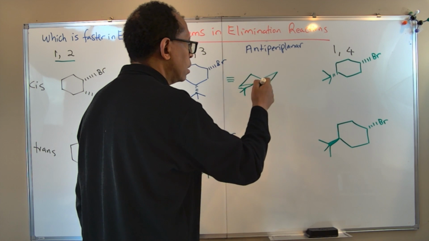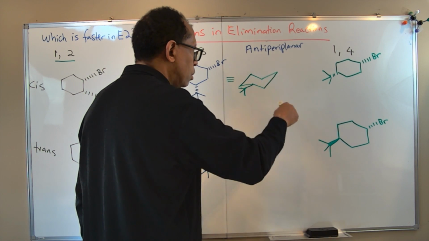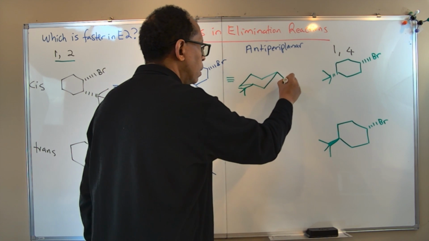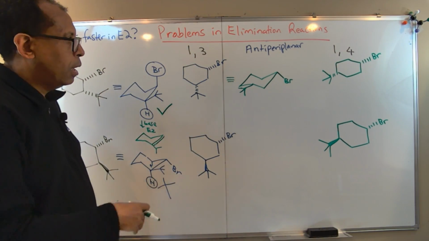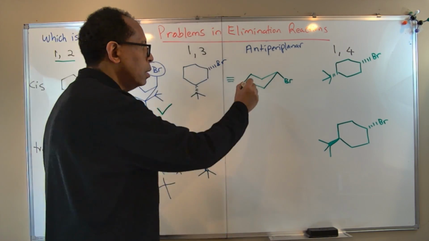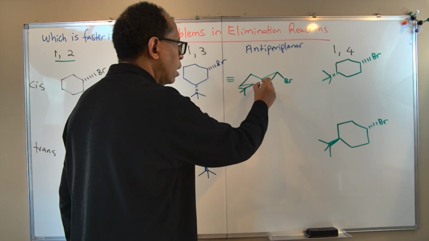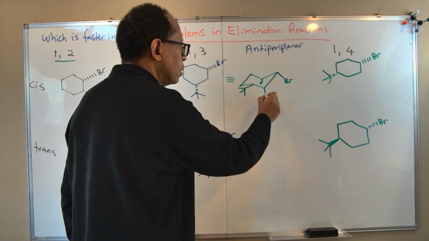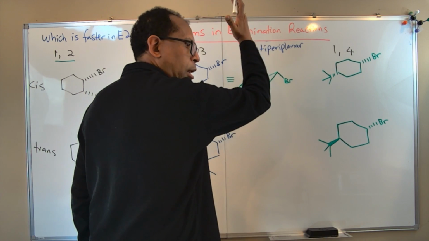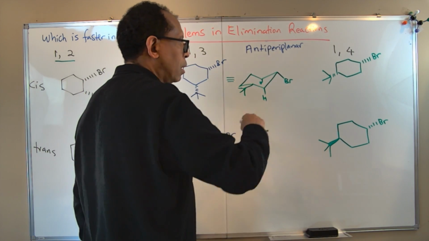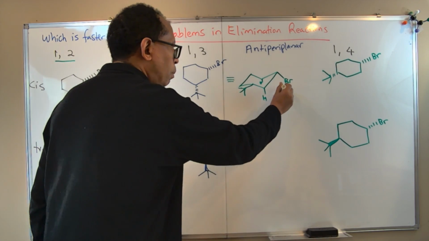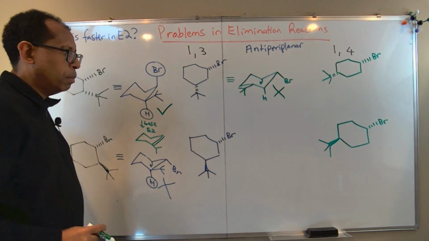Since they are cis, the Br also should be down. So this also doesn't have anti-periplanar hydrogen. For example, if you take this hydrogen or this hydrogen, they are not anti-periplanar with the bromine. The bromine is down facing. So this will not have anti-periplanar.